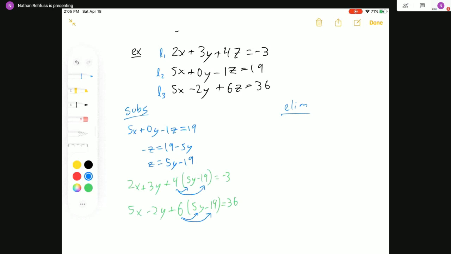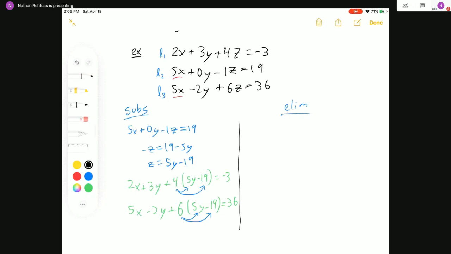Well, again, my goal is going to try to be to get a system of 2 equations and 2 variables, but this time it's going to take a little bit of elbow grease to do that. Line 2 and line 3, if I'm seeing them correctly, they both have a 5x in them, here and here. So these coefficients are already matched. Let's see what happens if I eliminate the x.